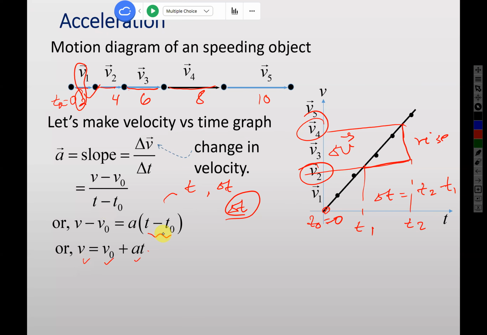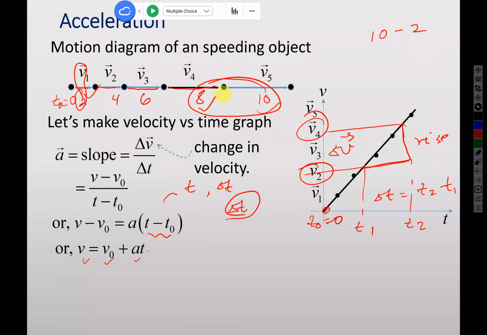And remember, in this case, I'm talking about constant acceleration. Acceleration is not changing. Whatever value it is, it remains same. So for example, in this example, if I were to use these numbers, what you see, change in velocity between these is 10 minus 2, right?